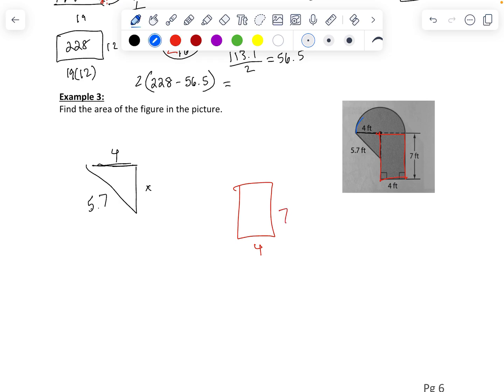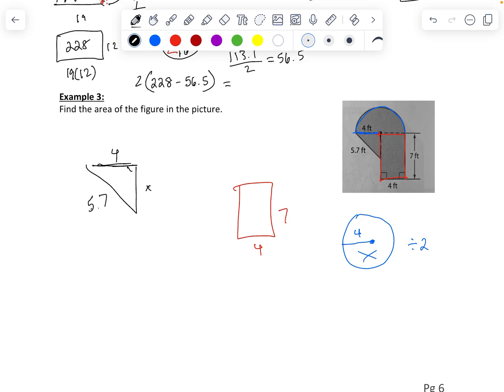And then we've got this semicircle again, but it tells us the radius that's 4. Now again, remember, we don't have a formula for the semicircle. So we need to find the area and then divide by 2, because we only want half. We don't want any of this. That's not in our shape.